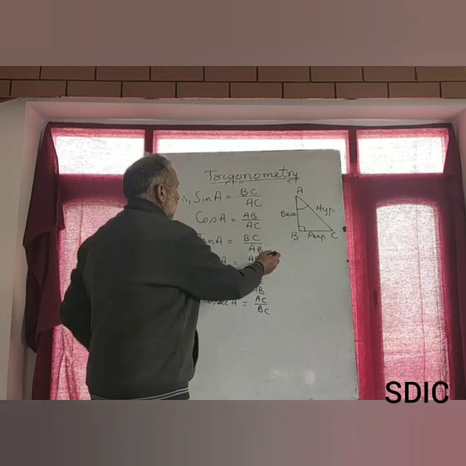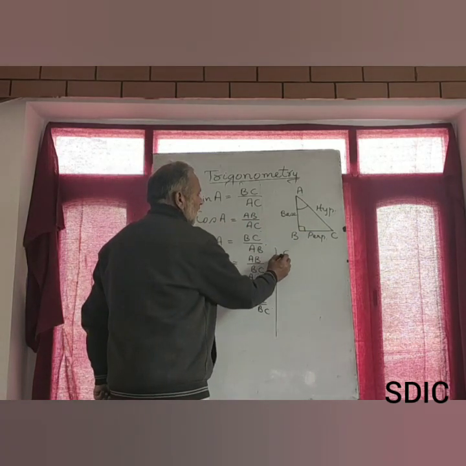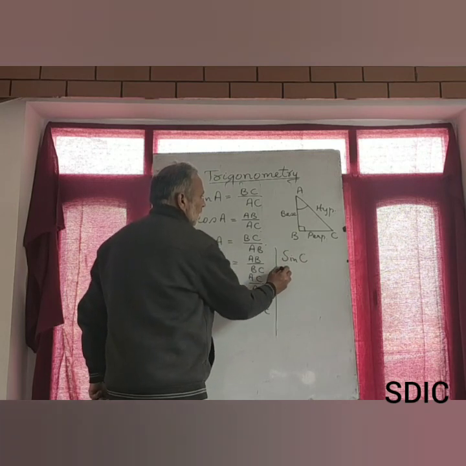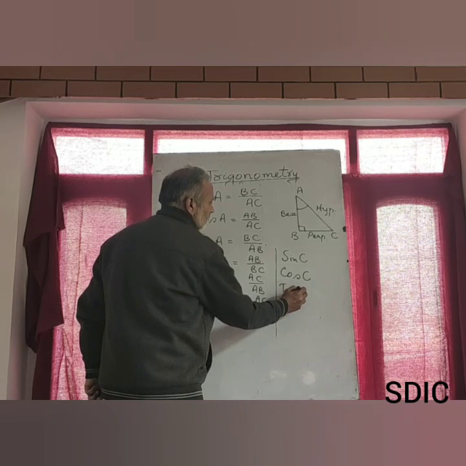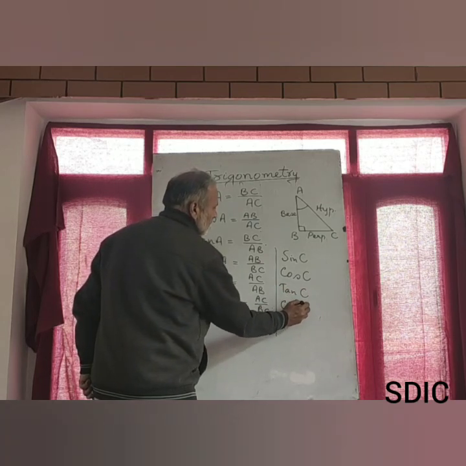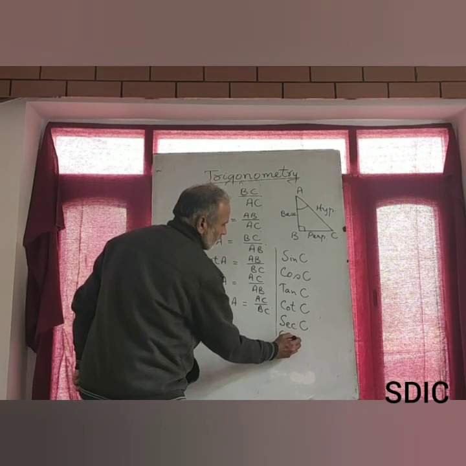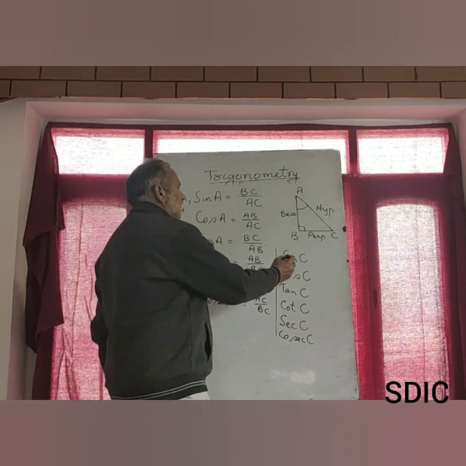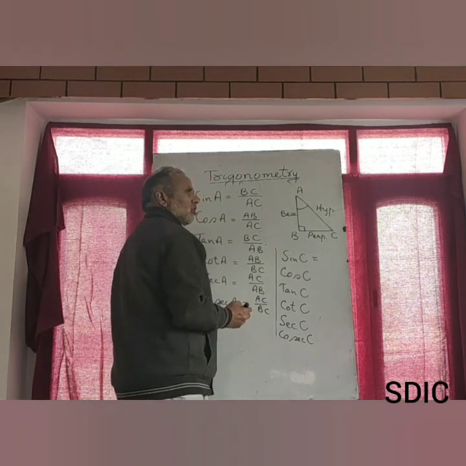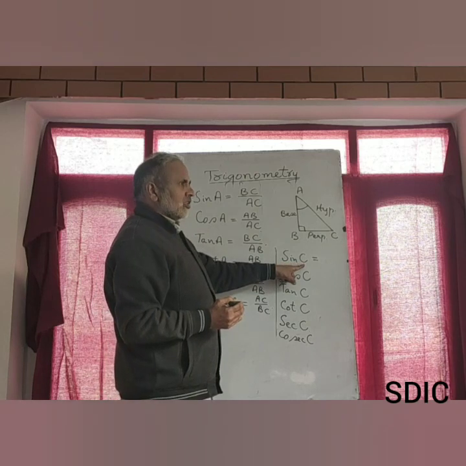Now, instead of angle A, if we choose angle C, then it will be written as sine C, cos C, tan C, cot C, sec C, cosec C. Sine C will then be the ratio of, now you have to use C as acute angle.